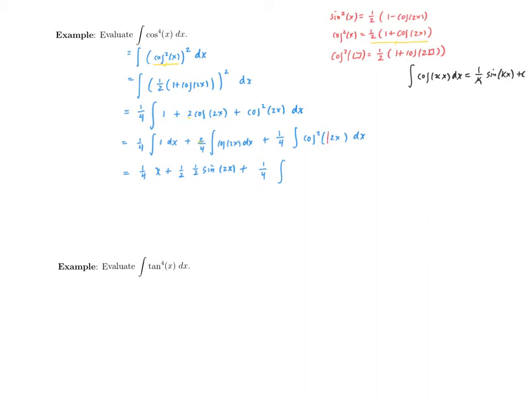And in our case, the something is being played by 2x. So substituting 2x into each blank, we would have 1/2 the quantity 1 plus cosine of 2 times 2x.